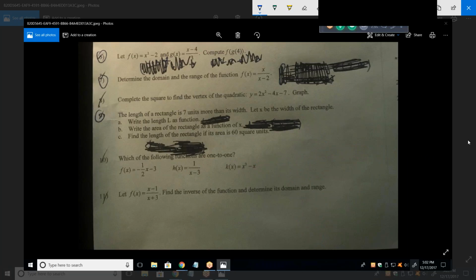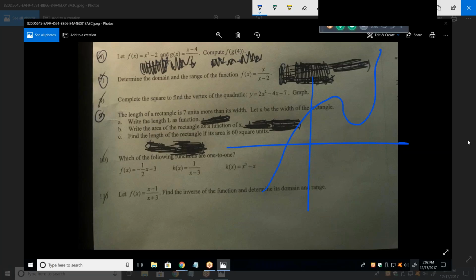Now, last one. If I had a function like that, is that a function? All it has to pass is the vertical line test for it to be a function. Does that pass the vertical line test?